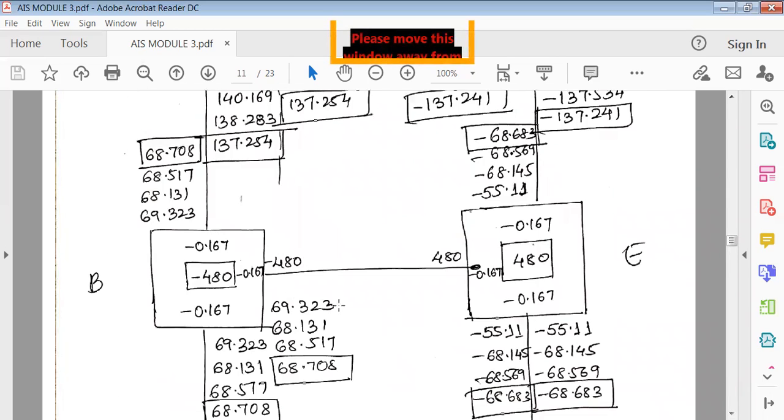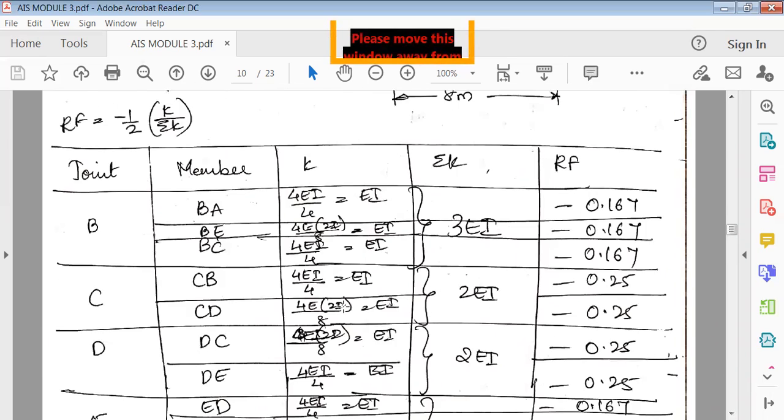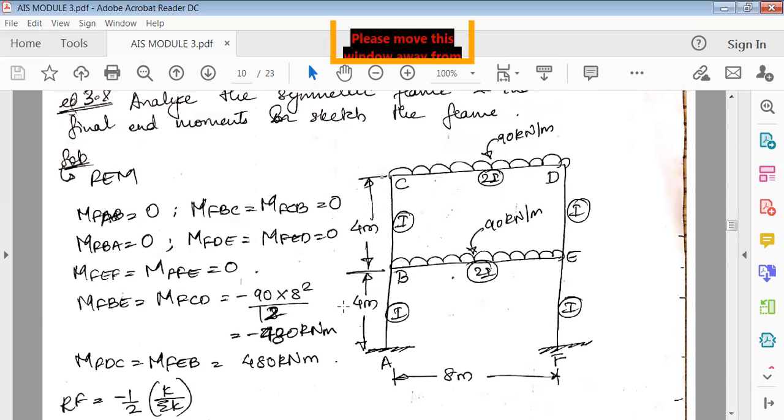The best part about Kani's method is, if you have seen the previous two methods, the slope deflection method and the moment distribution method, there we had only one frame as such, only this lower portion, with extra extensions to the right side. The best part about Kani's method is you can solve multi-story frames.